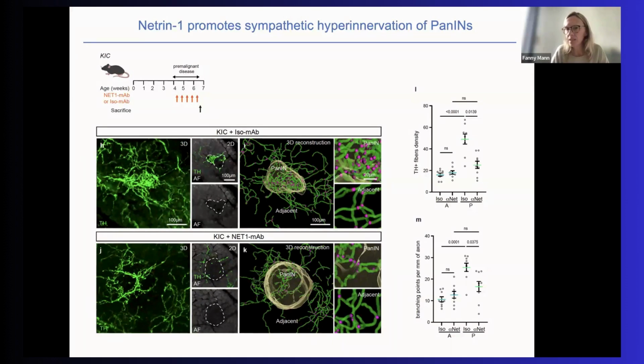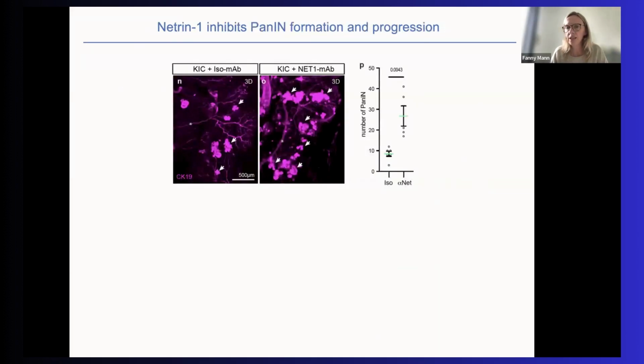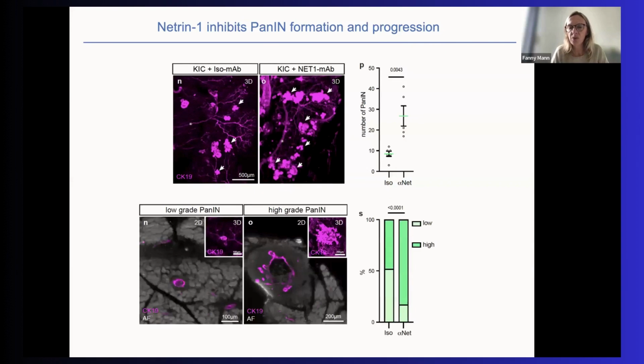And this decrease in innervation that we observe when we block netrin was also associated with an increase in the formation of PanIN lesions in the treated pancreas. And this increase in the number of PanIN lesions was also associated with an increase in the ratio of high-grade lesions in the pancreas.